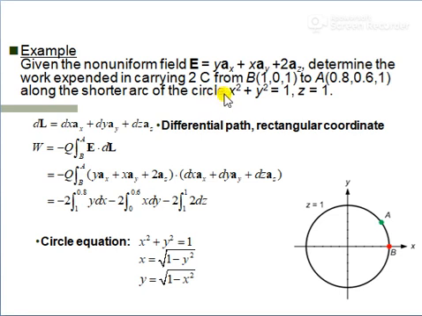This is the expression if you want to evaluate for any path; the given path along the circle is considered here, and this is the electric field, which is non-uniform. So we want to determine the work expended carrying a 2-coulomb charge from point B to point A along the shorter arc of the circle, right?